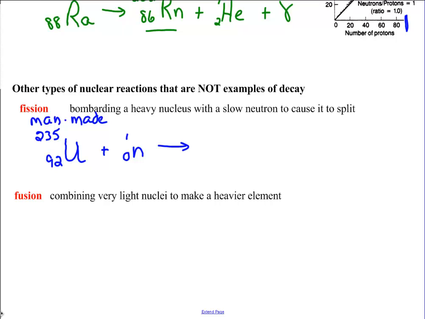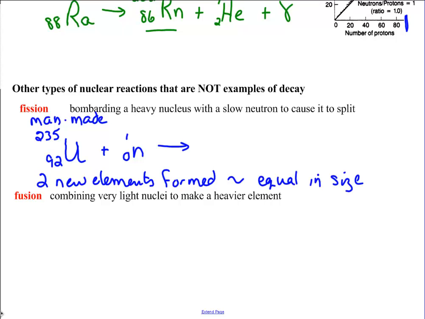So I have to keep track now that my total mass on the left-hand side is 236, not 235. And when fission happens, there are 2 new elements formed, and they are approximately equal in size. They aren't going to necessarily be exactly equal. And what we find is we're usually going to end up getting elements in the 5th or 6th rows of the periodic table.